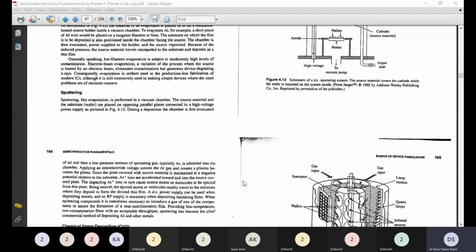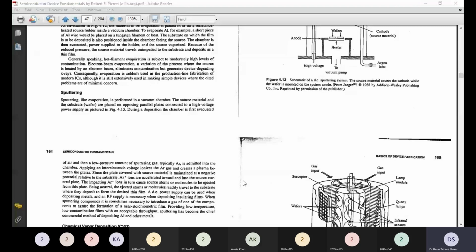Being neutral, the ejected atoms or molecules readily travel to the substrate where they deposit to form the desired thin film. A DC power supply can be used when depositing conducting materials, and a radio frequency supply is necessary when depositing insulating films.